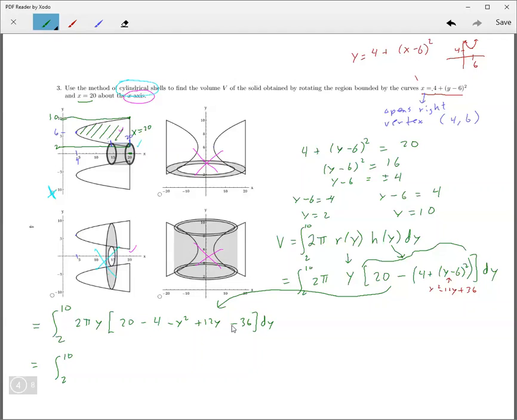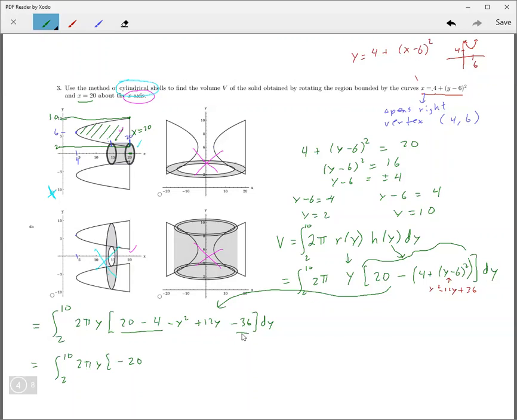Okay, so 20 minus 4 is 16. 16 minus 36 is negative 20.